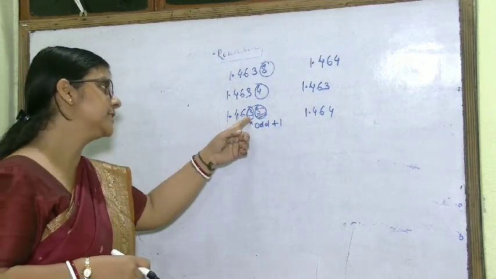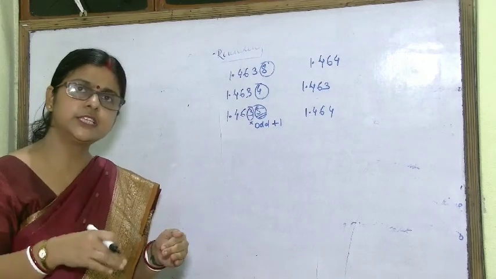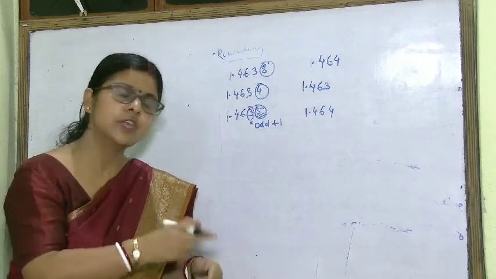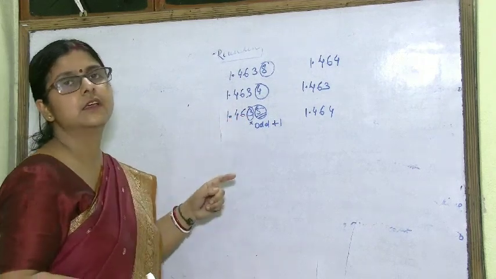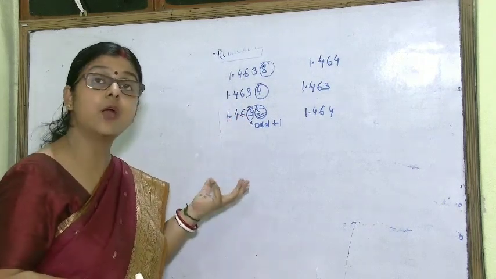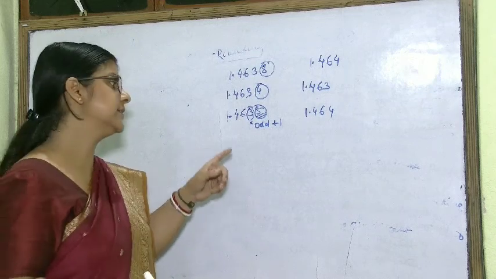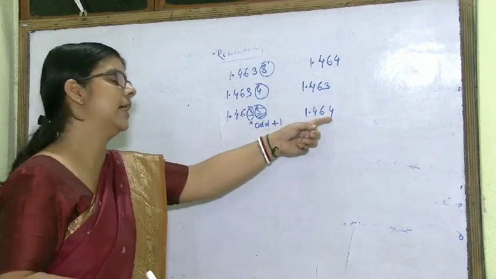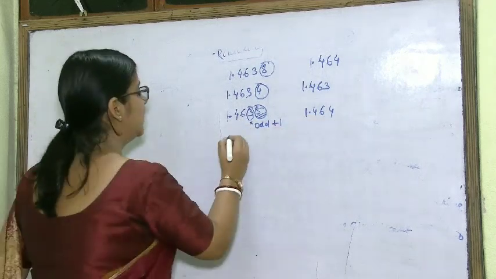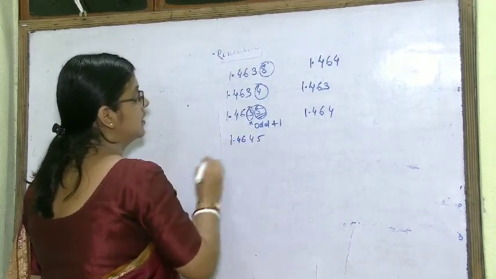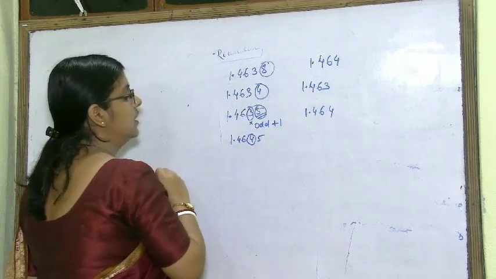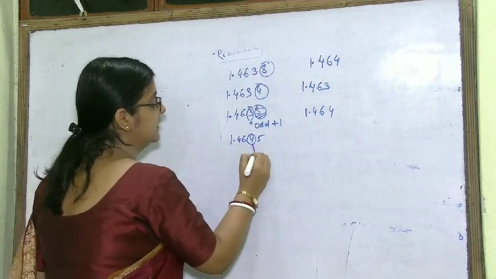You will have to see the digit present before 5. If the digit present before 5 is an odd number, then you will add 1. And if it is even, then you leave it as it is.